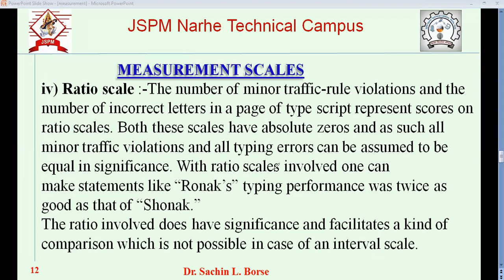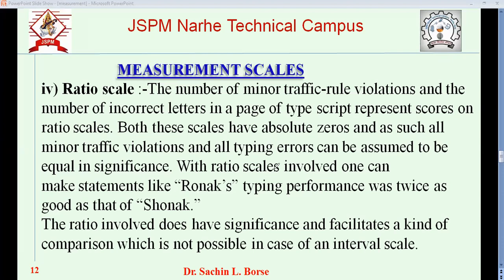Same thing with incorrect spelling in the typed letter: we can make it 0, it can be 1, 2, 3, like this. So both of the above examples have absolute zero. And all the minor traffic violations and all the typing errors can be assumed to be insignificant.